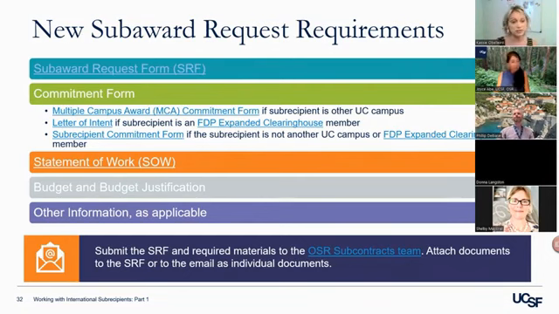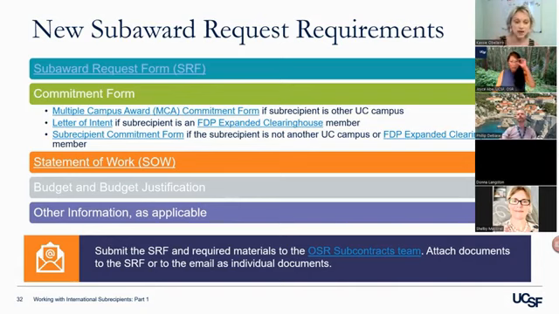Things can change in between, and so we do need it at both times. If the subrecipient is not a UC campus, but is a member of the FDP expanded clearinghouse, which there's a link to the list on this page. It's also at the website that Philip linked earlier, just on a different section of that website. And that is the letter of intent.